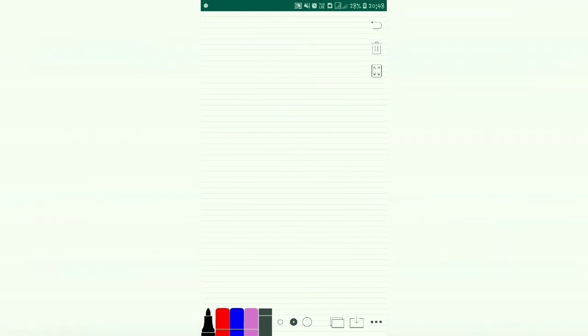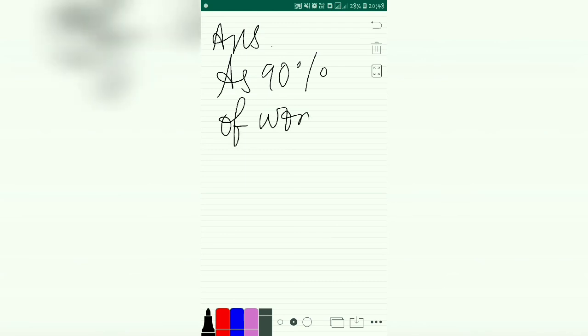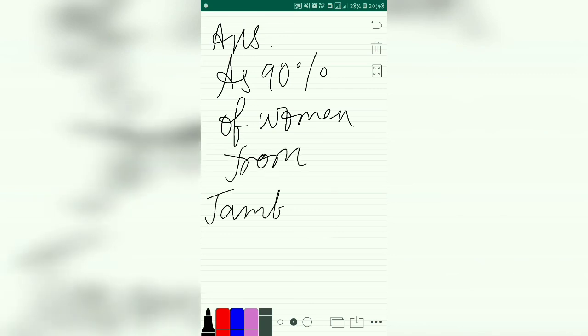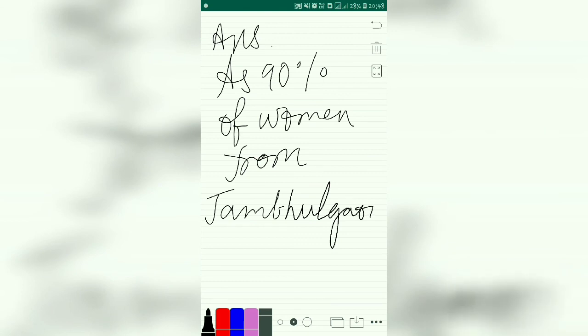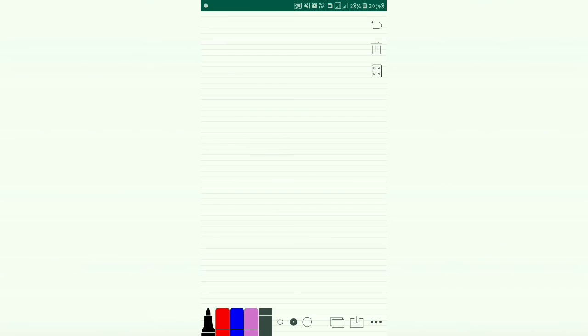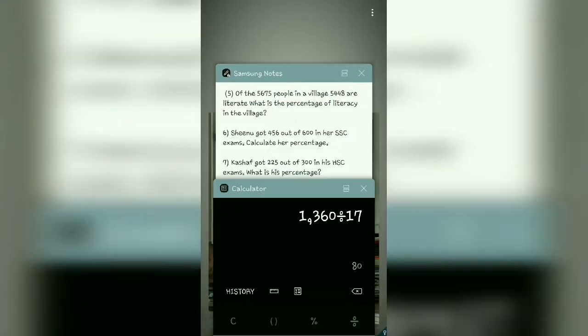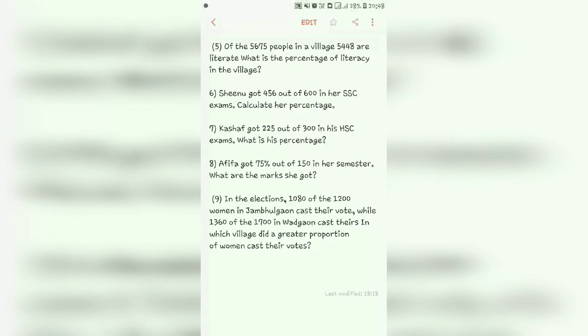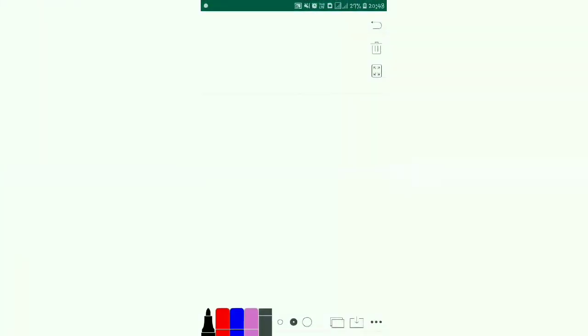Okay, so you have to write the final answer as 90% of women from Jumbalgaon cast their vote, comma, Jumbalgaon has a greater proportion of women who cast their vote.